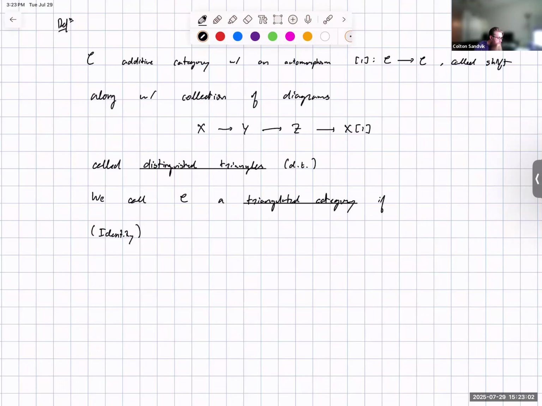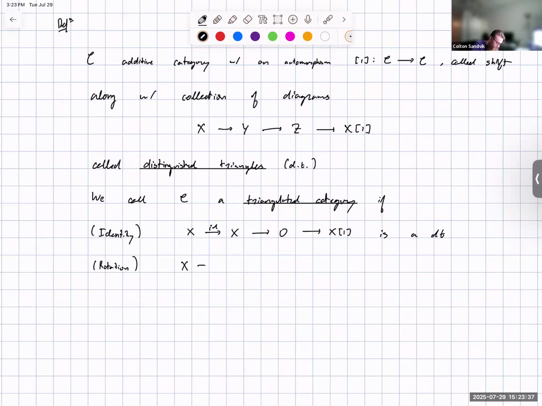The first axiom is identity. This says that if we take the identity morphism, then it should behave sort of like the identity short exact sequence, in that it should be followed by 0, and there's only one possible map to 0 and from 0. So this should be a distinguished triangle. We should have rotation.